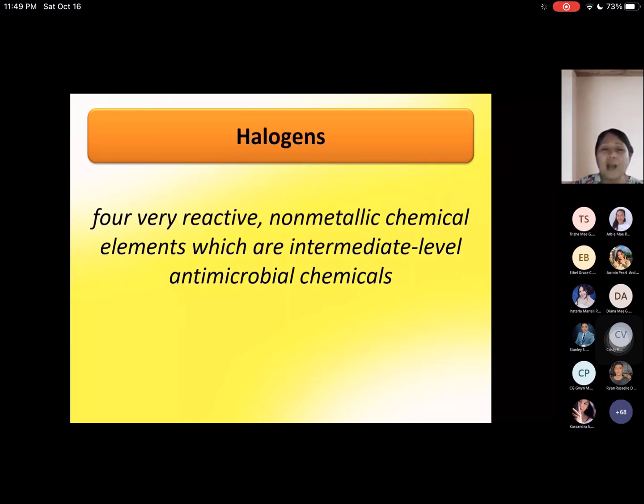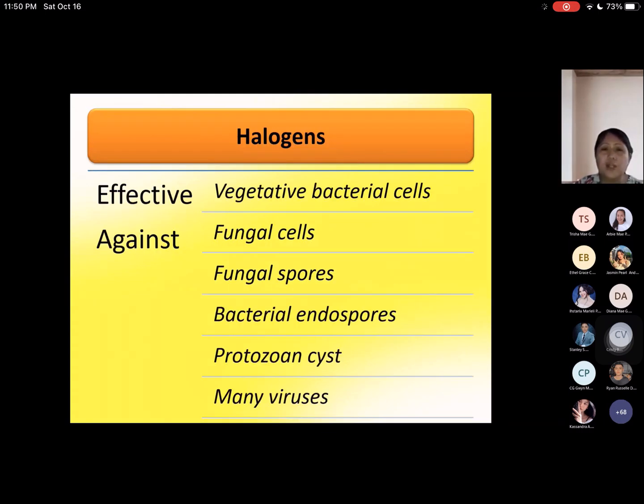Okay, for the halogens, we actually have 4 very reactive non-metallic chemical elements which are intermediate level antimicrobial chemicals. So they are effective against vegetative bacterial cells, fungal spores, bacterial endospores, protozoan cysts, and many viruses.